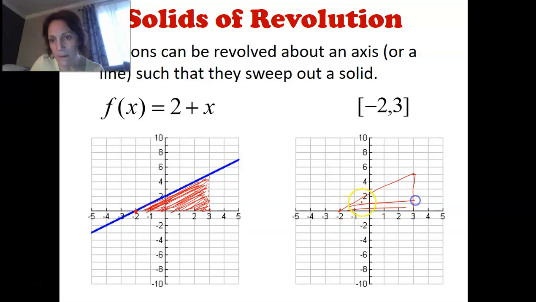Okay. And then I want you to reflect that region over the axis of rotation, right? So -2, 0 is going to stay. This point though, 3, 5 is going to come down here and become 3, -5. I'm literally just going to reflect this over.